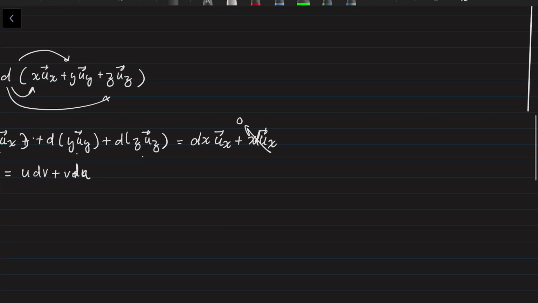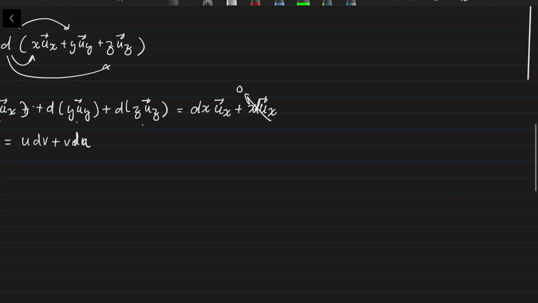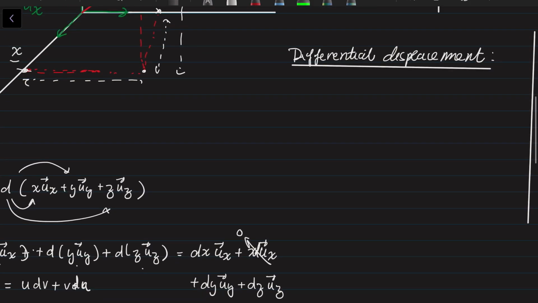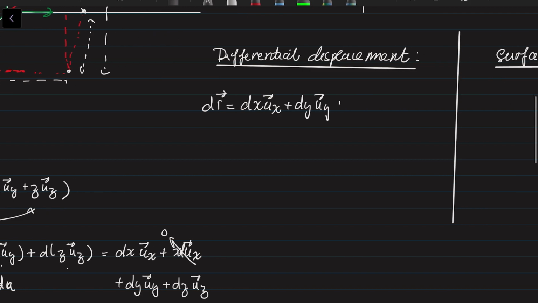So I can just write this as dx ux + dy uy + dz uz. Let's write it neatly in this block. The differential displacement vector dr is dx ux + dy uy + dz uz. Okay, so this is the differential displacement vector.